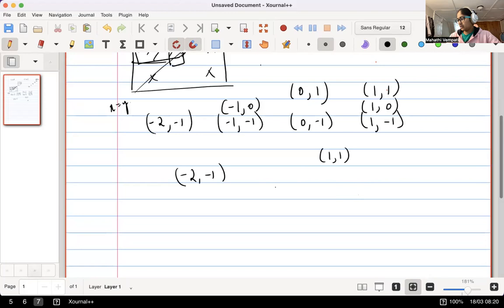So if x minus x naught is greater than y minus y naught is what I'm looking for, then yeah, we don't want this condition.